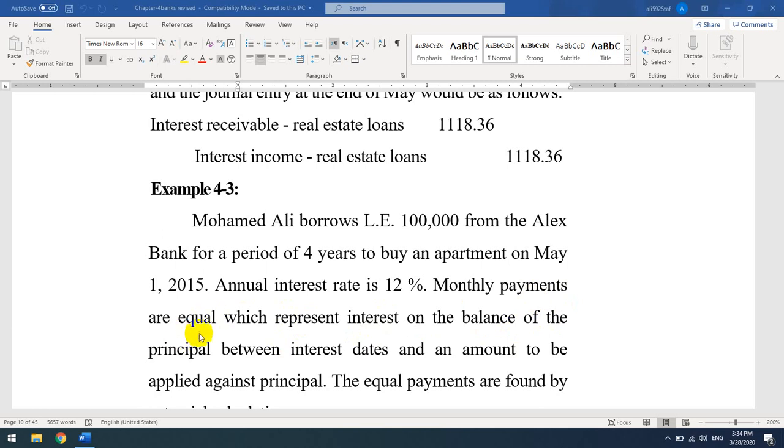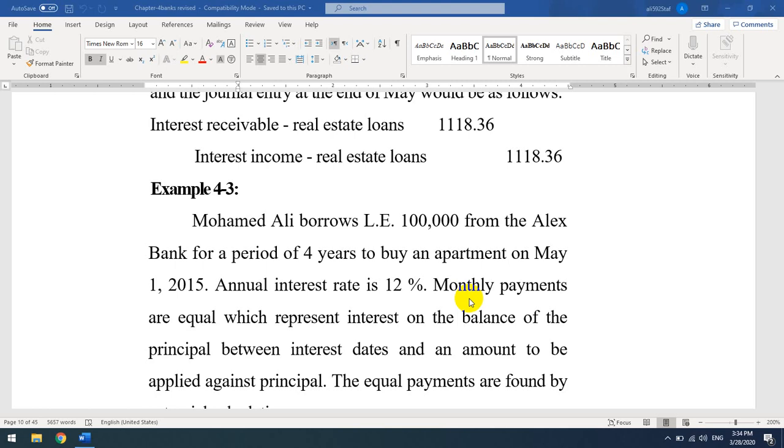Monthly payments are equal. The client Muhammad Ali receives the total amount of 100,000 Egyptian pound from Alexandria Bank, but he will repay this loan and its interest periodically in terms of installments, in terms of annuities.